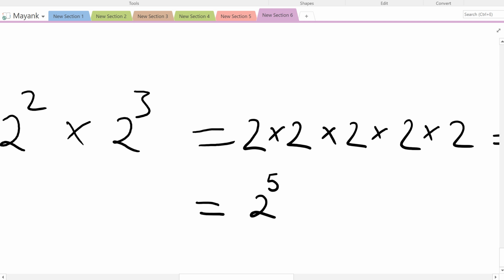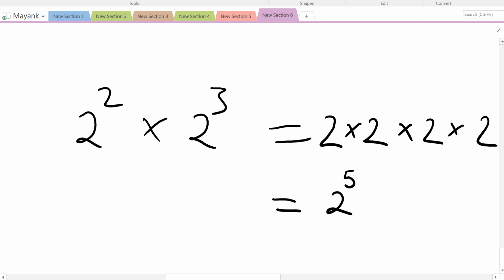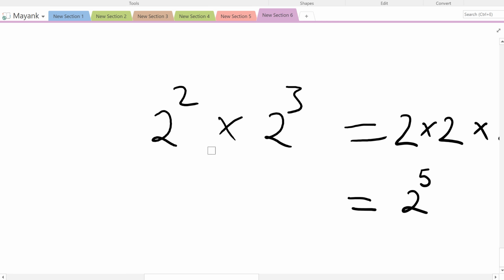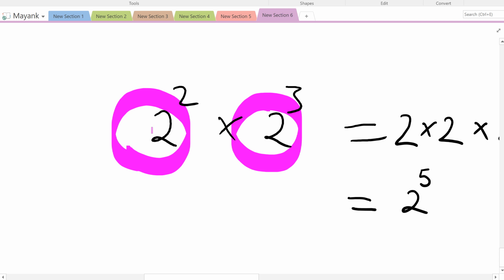But that number, or the multiplication in power form, is also 32. So for equivalence of the powers, whenever you have the same base, the base means that number, whenever you have the same number here, you can add those powers.